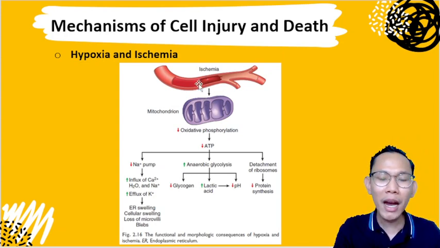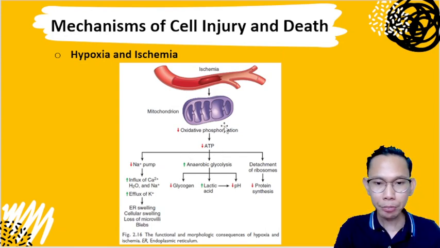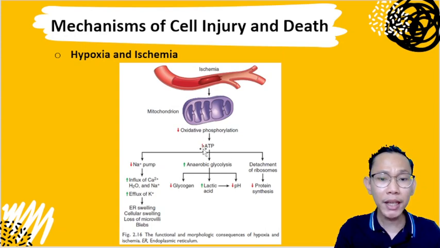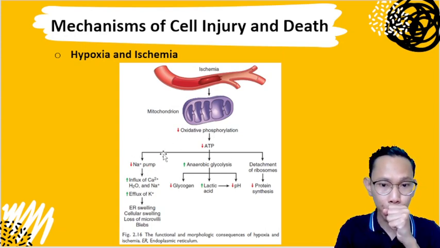Pag mababa ang oxygen or walang oxygen, anong nangyayari sa ating mitochondria? Remember, doon na nangyayari ang oxidative phosphorylation. Pag walang oxidative phosphorylation or mababa ang oxidative phosphorylation, mababa rin ang ating ATP. And remember, our ATP is essential for sodium pump.